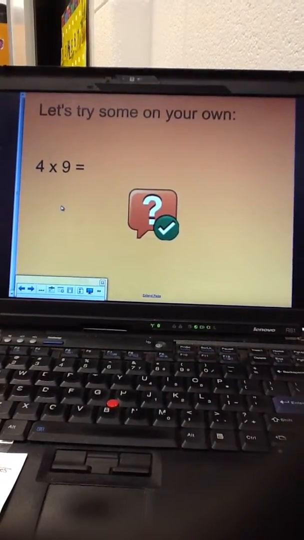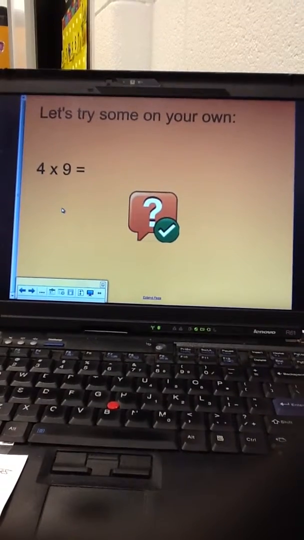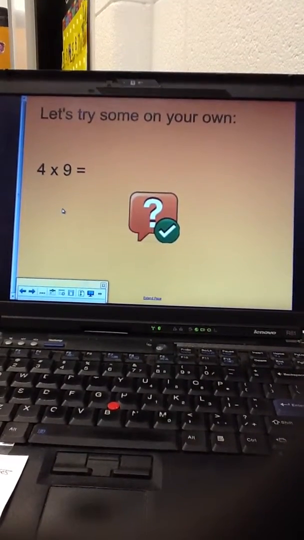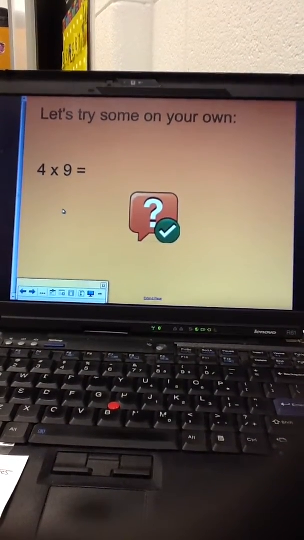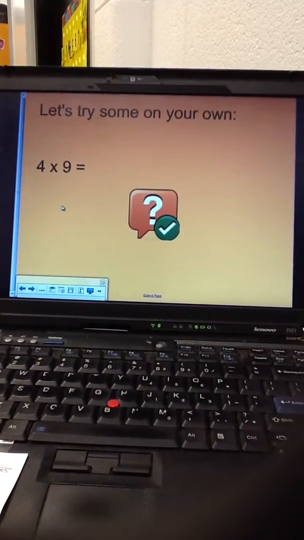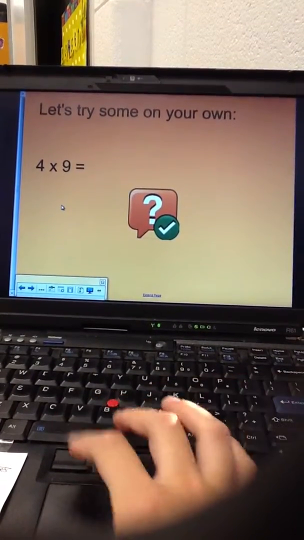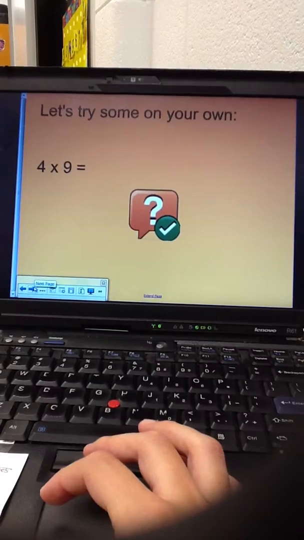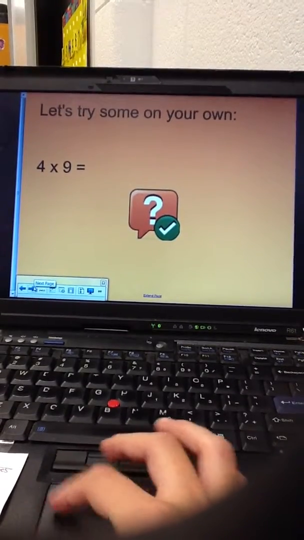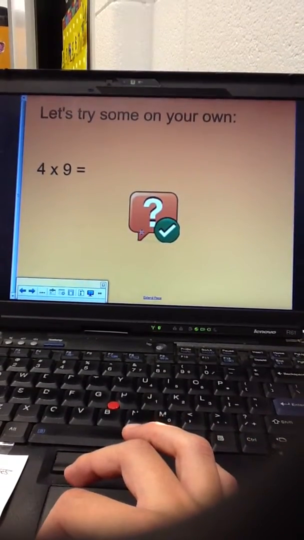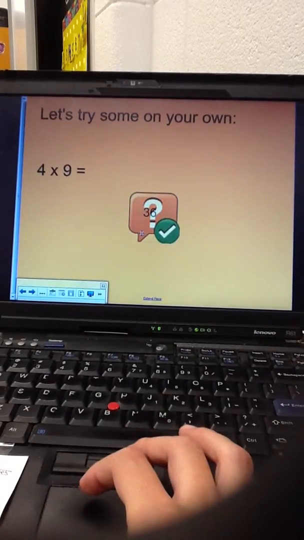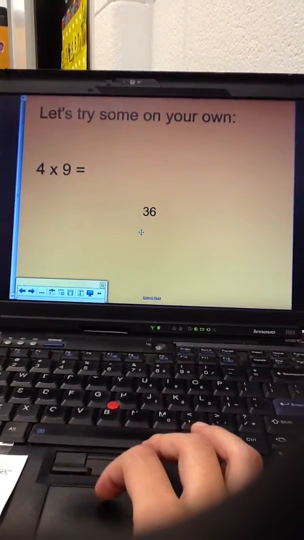Next one, 4 times 9. Pause the video and use a strategy to solve 4 times 9. Hopefully you and your friends got 4 times 9 equals 36.